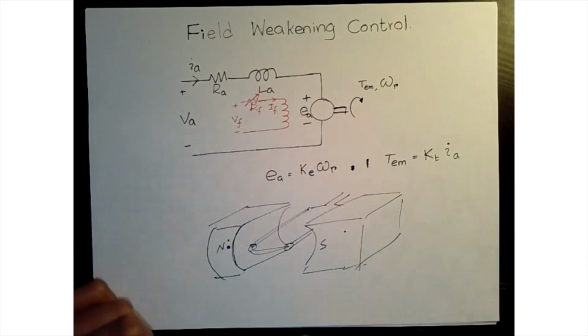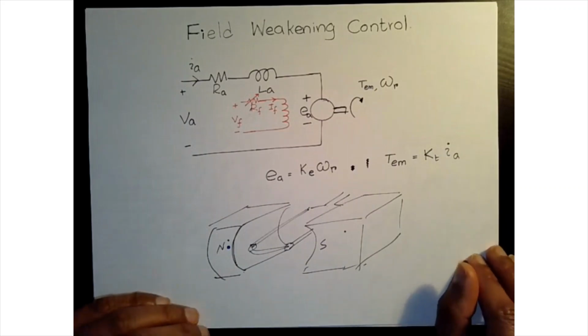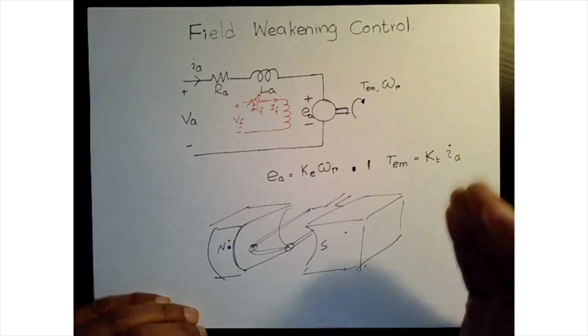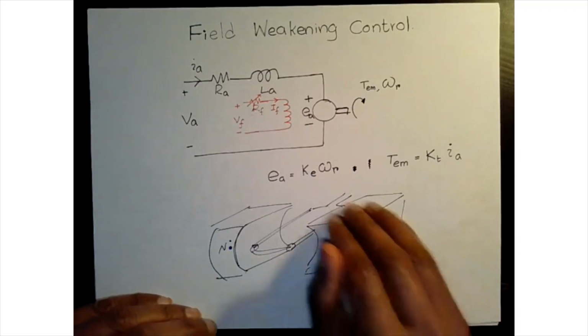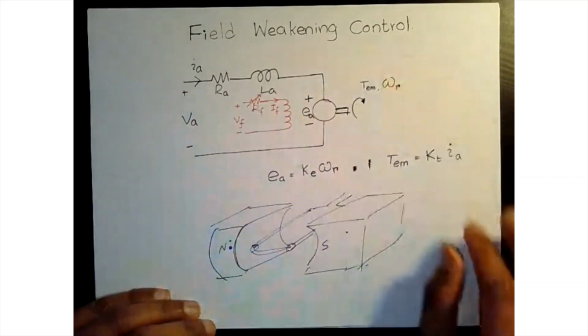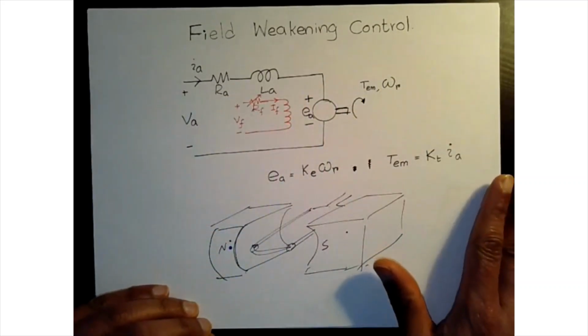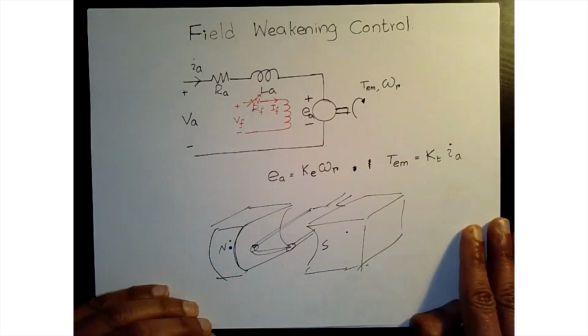Okay, this is more common in large machines and more back in the day before we started to use AC machines. And with AC machines, this field weakening concept is practical, and we'll talk about that later.